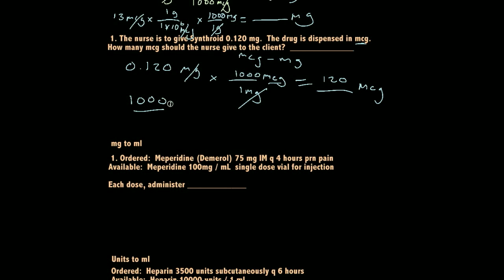I could have just as easily done this as 1,000 micrograms over 1 milligram times 0.120 milligrams. They still cancel out, and I'm left with micrograms.